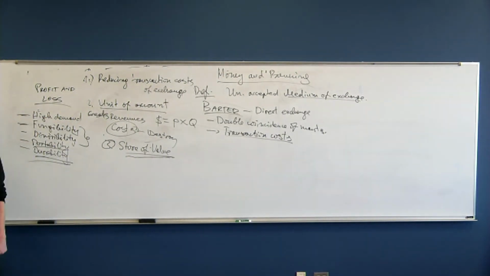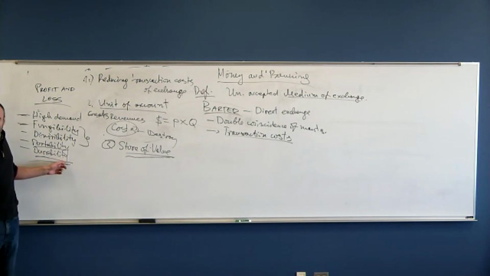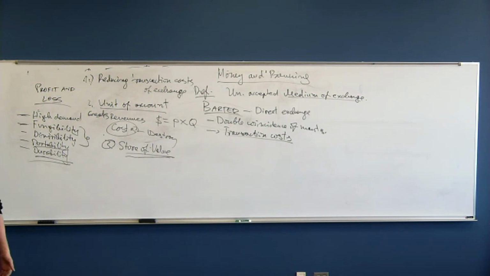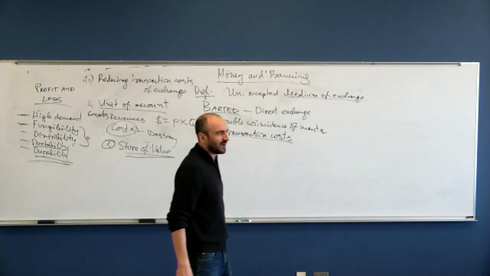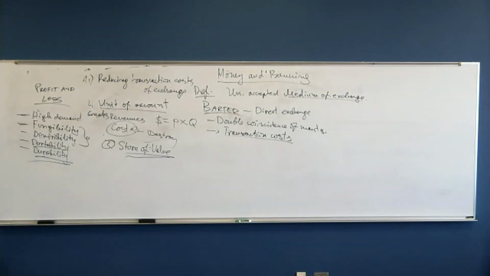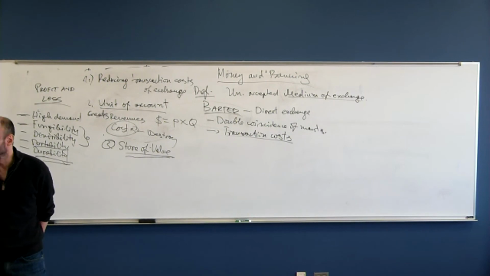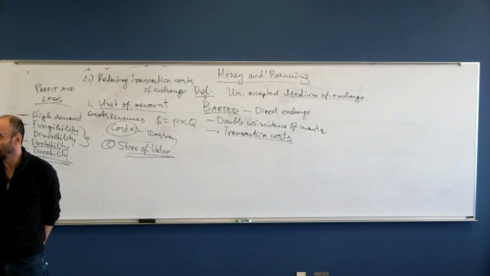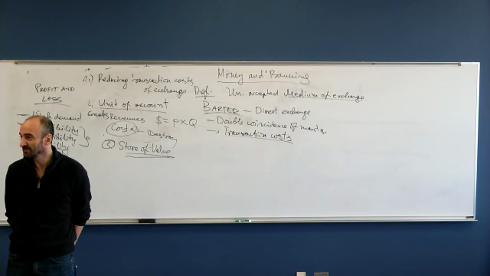So easy to carry. It's not enough to be fungible, divisible, in high demand, and durable. Steel is very durable, but steel is not convenient to be money. Why is steel not a very good commodity to serve as money? It's heavy, and the quantity of steel that you need in order to buy a carton of milk is like 200 kilograms.